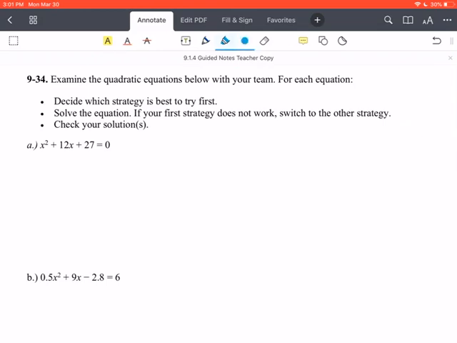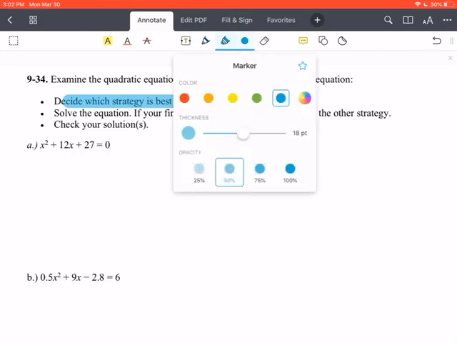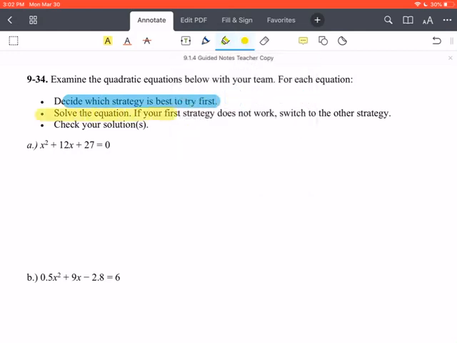So we're going to do that together as a class. But then what you are going to do is you are going to do bullet point 2 and 3, where you're going to solve the equation using the strategy we decide, and then you're going to check your solutions on that graphing calculator using the methods that I've described in the past few lessons. So check solutions on graphing calculator or Desmos.com.